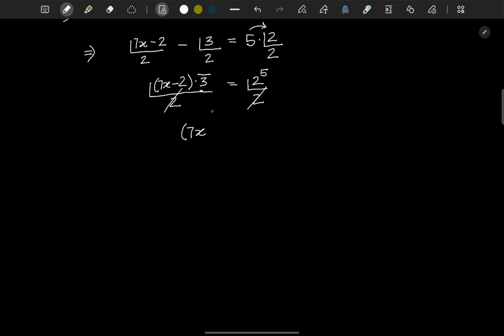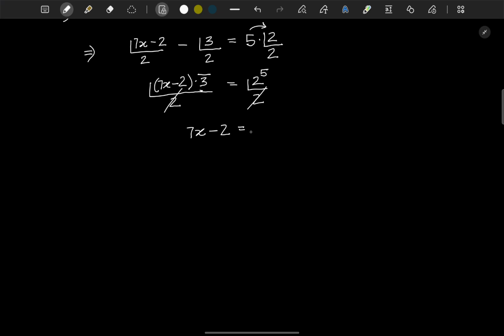7x minus 2, let's get rid of that, equals, let's take this per 3 across, it becomes a 3. So we get 2 to the 5, which is 2, 4, 8, 16, 32.